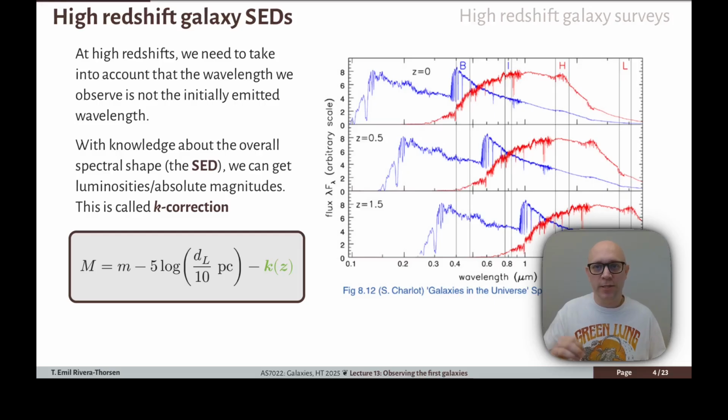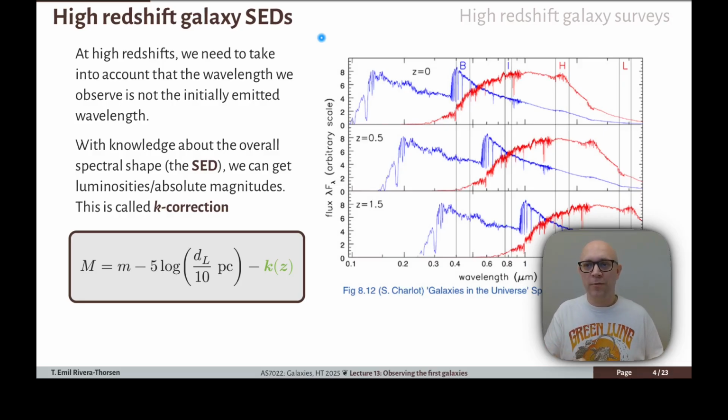But we also need to take something else into account, and this is not something that's super important for later, but it is a concept that you need to be at least introduced to, which is the so-called K correction. And you can see an illustration of what K correction means in these spectra here, but I probably need to explain that a little bit first.